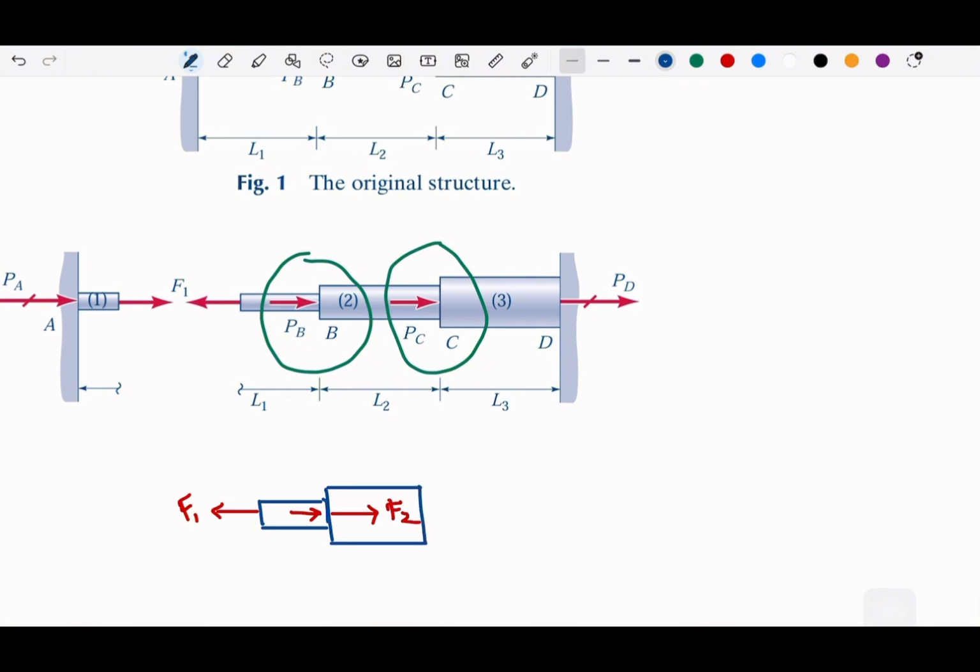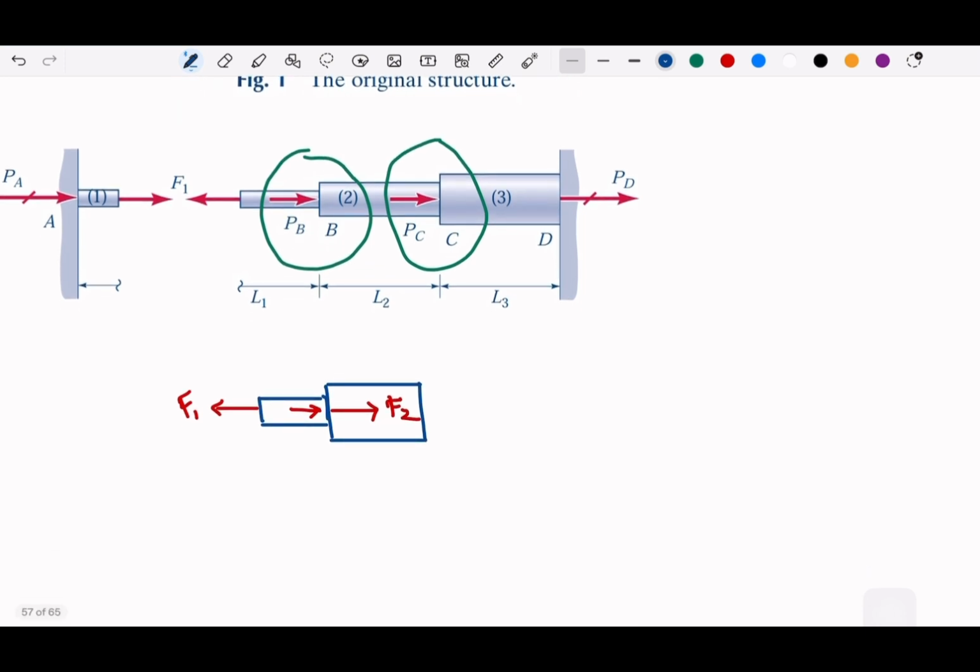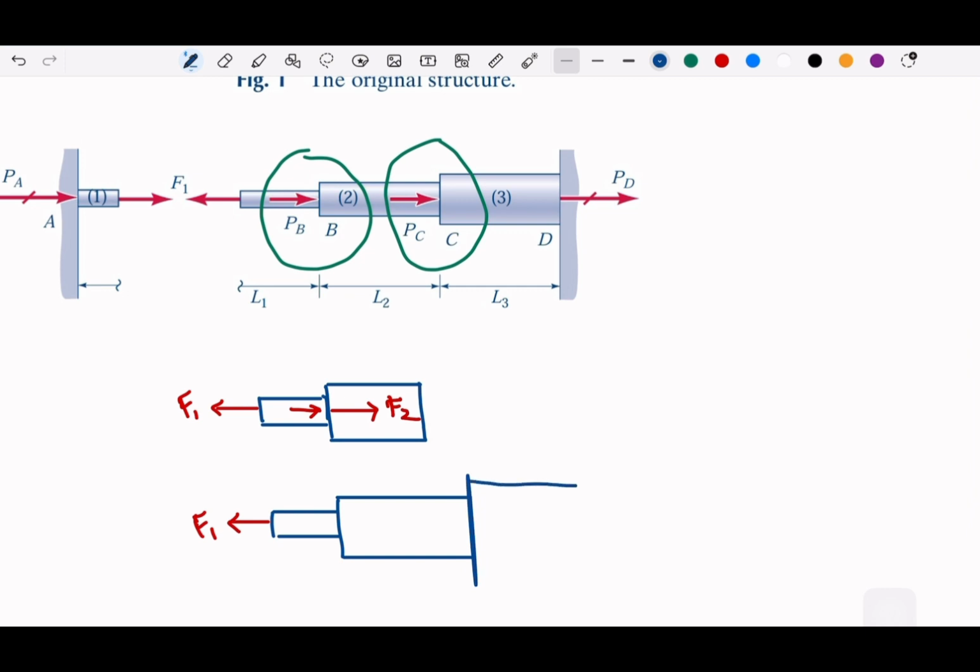Okay, and by doing so we can also take section C and cut, taking reference with F1, and then cut element 3.